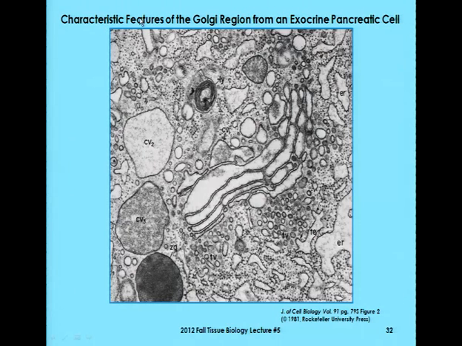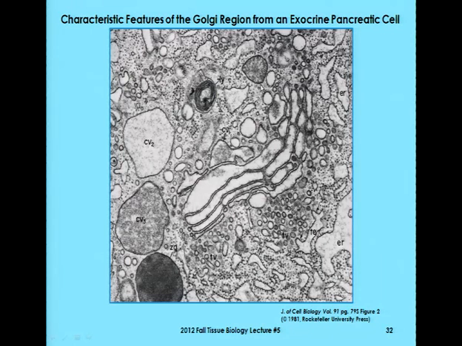Here's some more characteristic features of the Golgi from an exocrine pancreatic cell. Here we see the Golgi, and in this case, the cisternae are dilated. Along the cis side of the Golgi, there is evidence of a number of vesicles called transfer vesicles. Further to the right here, we see an example of a transitional ER, and here is our ER export site.